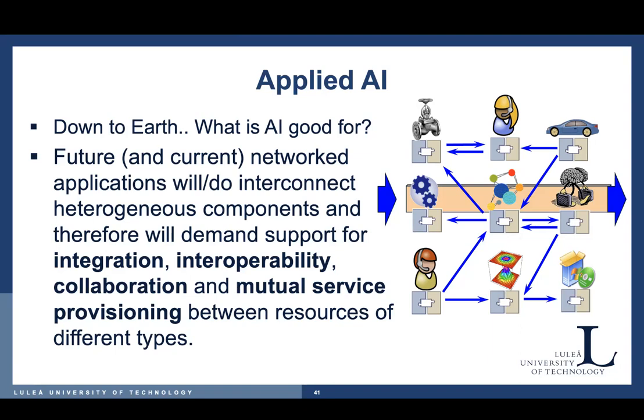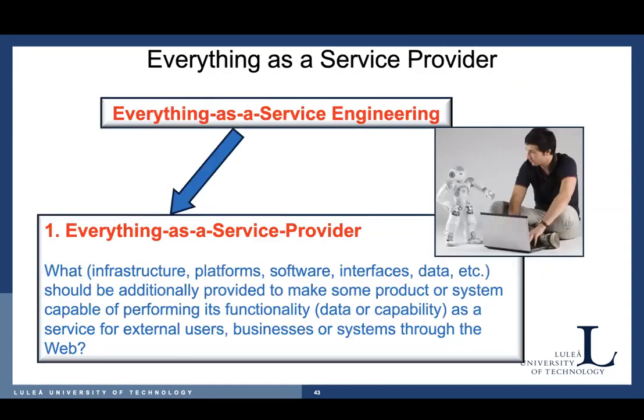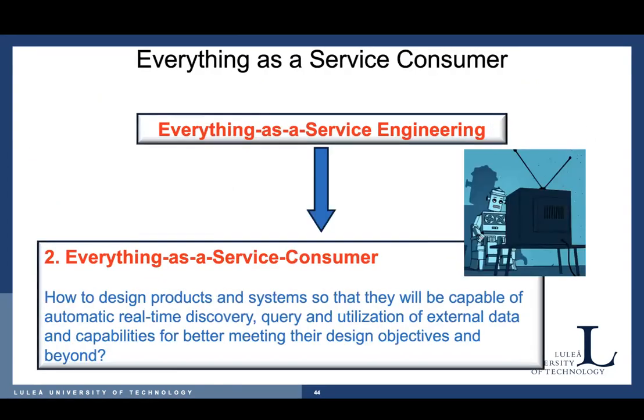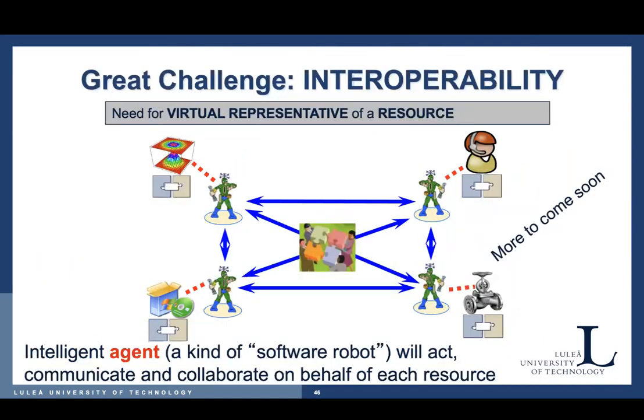We are moving towards systems, and we already have solutions, where different pieces of information interoperate with the help of assistive technology. At the end, we are talking about everything as a service. But what does it mean to us?